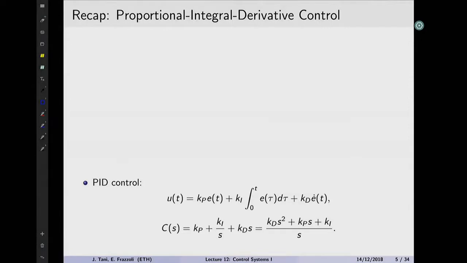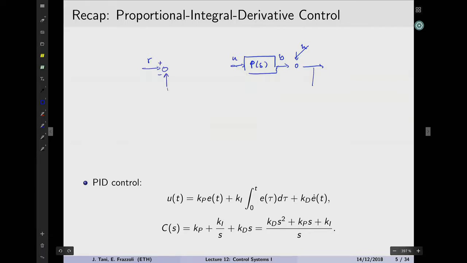So, just a quick recap, remember we've got a plant that we want to control. The plant has an input, U, and an output, Y, and the output might or might not have some noise acting on it. At the moment we can pretend not. Then we've got a reference signal, which is something we would like Y to follow. So we compare the reference signal and the measurement of the output to produce something we call the tracking error.